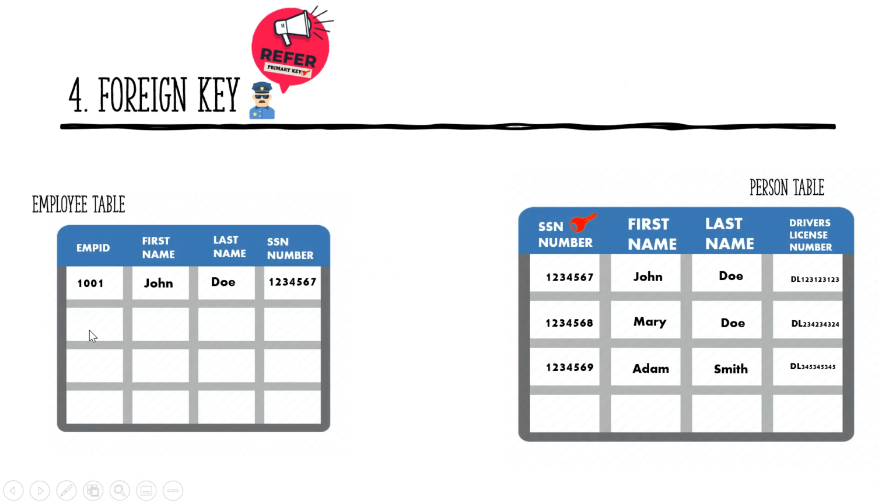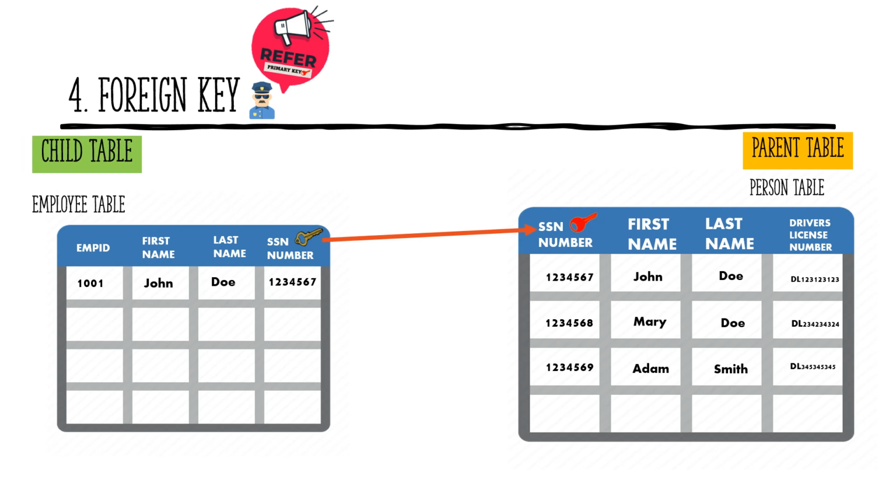Now let's take a look at an example where we have the data. Whenever we have a foreign key on a particular table referencing a primary key on another table, the table which has the primary key is called the parent table, and the table which has the foreign key is called the child table.